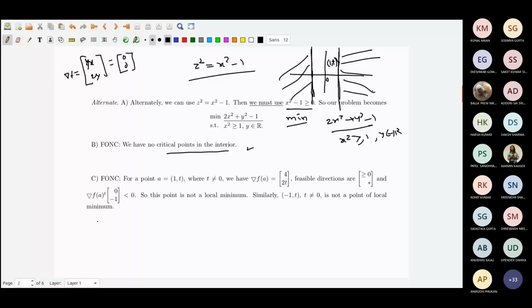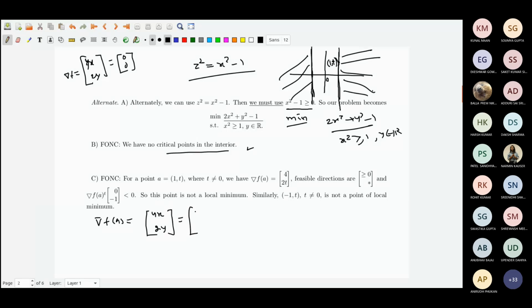First I will compute grad f at a, and here because a equals (1, t), grad f is 4x and 2y, so that becomes 4 and 2t.